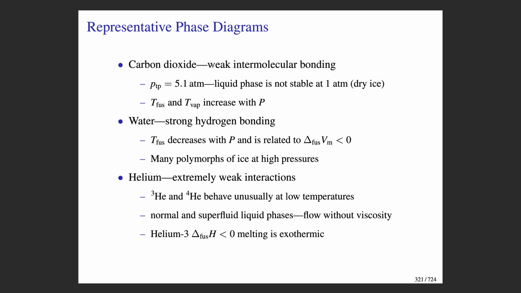So obviously carbon dioxide is a nonpolar substance, so there's very weak intermolecular bonding in the condensed phases. You may recall that solid carbon dioxide is called dry ice, and that's because the triple point of carbon dioxide exceeds 1 atmosphere. We'll see the effect of that in the phase diagram.